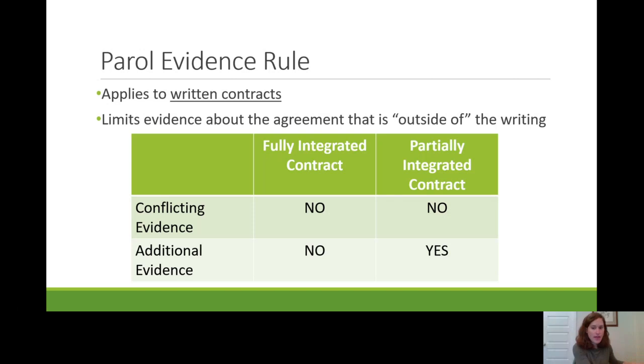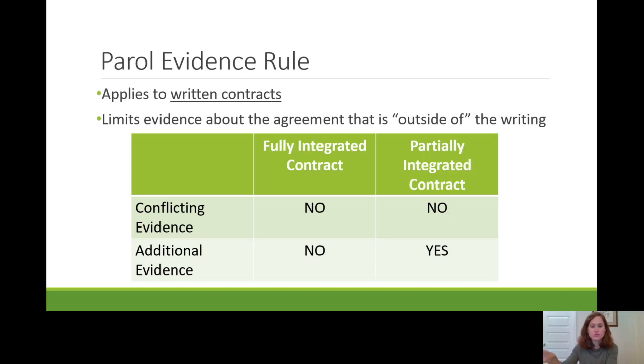But if you don't have any of these other kinds of issues going on, so it's just a matter of, look, for whatever reason, we had a conversation that is different than what is listed in the contract. I then went and reviewed the contract, and this is the one that I signed.